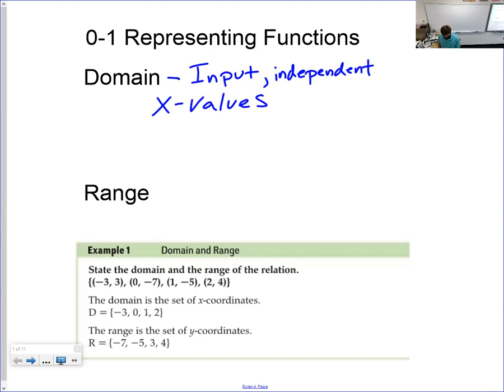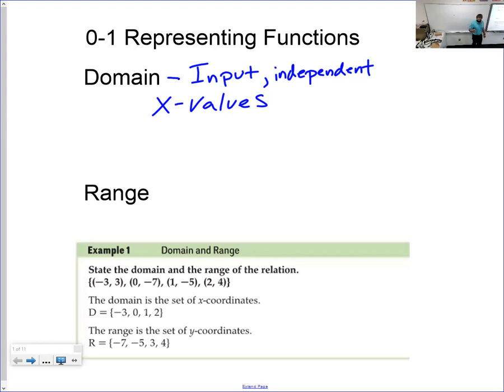So x values are typically independent and are typically our input values. That's not 100% always true because you can switch it around, but the x values is what we're looking for in domain. Anything that we can put in as an x value into a function, or if we have just a set of numbers, then it is the x values of that relation.